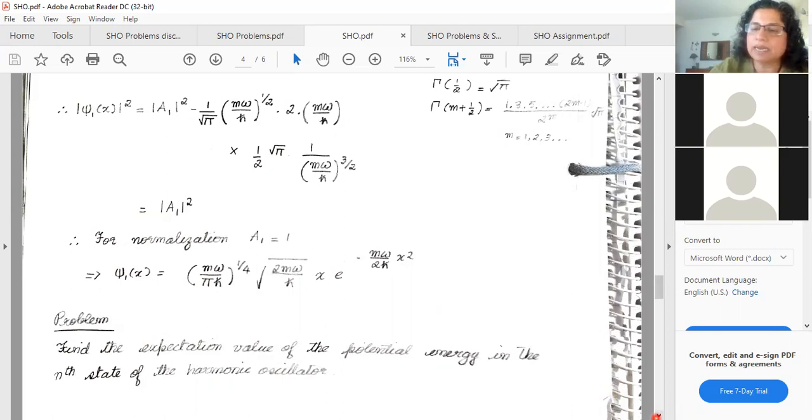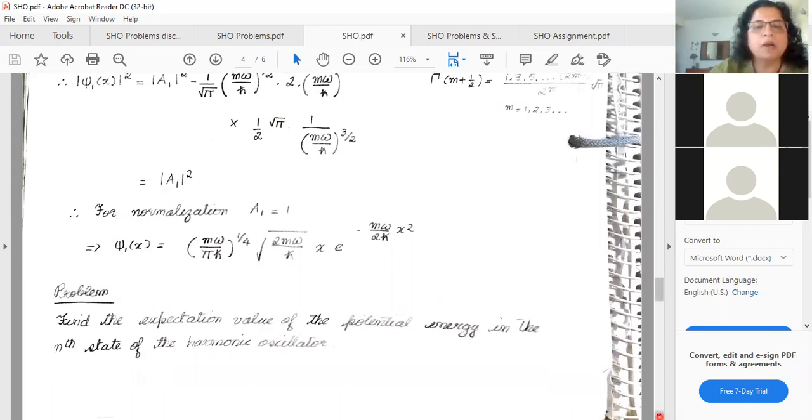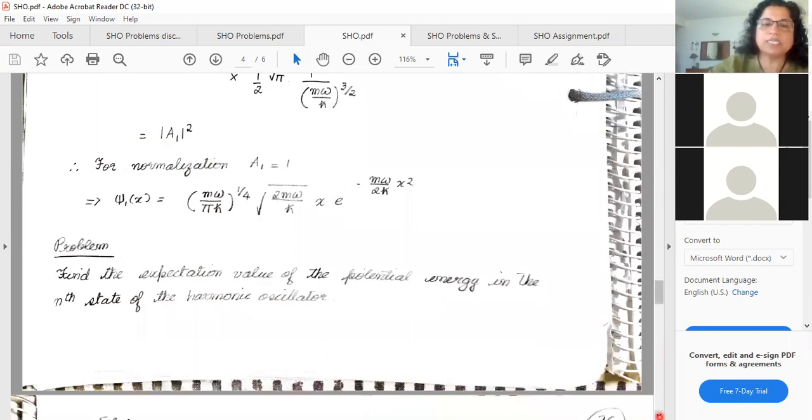So this is also something that we probably did in class. This is the second problem that I had put up, which is the expectation value of the potential energy in the nth state of the harmonic oscillator. Now, I'm just speaking from my experience of your seniors, not just your immediate seniors, all the people who have done this particular course with me.